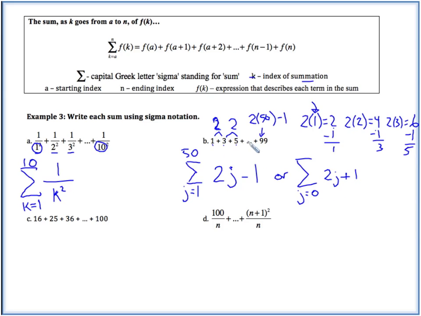What would be the ending index if we had the function 2j plus 1? We want to get to 99, so 2 times what plus 1 equals 99? This would have to be 2 times 49, because that gives me 98 plus 1 to 99. So there are 2 different ways of writing the same sum with sigma notation.